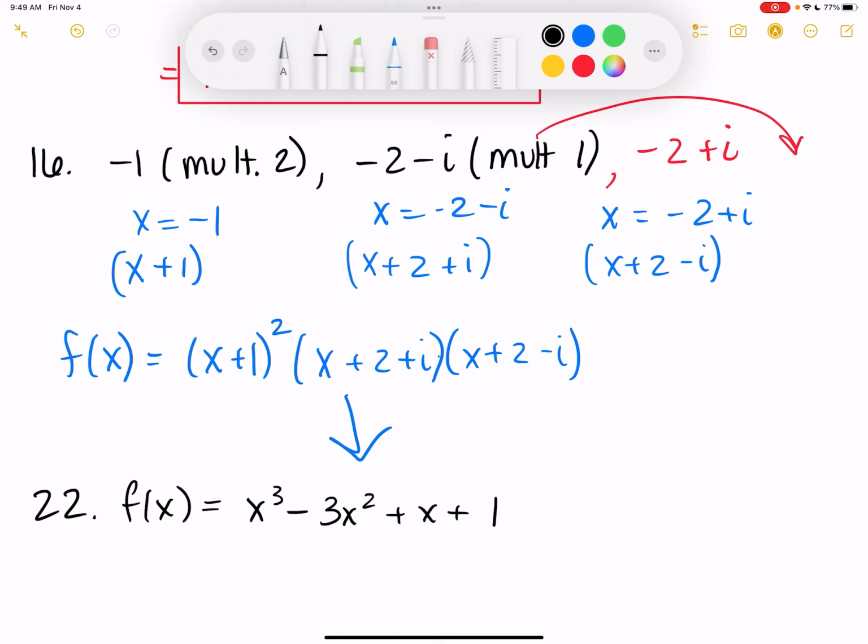Complex would imply that it has i's in it. Okay, I thought so. But for this first one, it says that there's complex, but they're all real. That's not how that works. So that's why I just said, hold on a second.